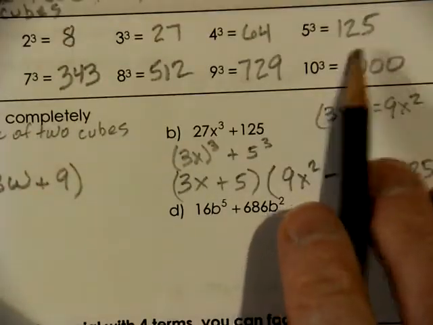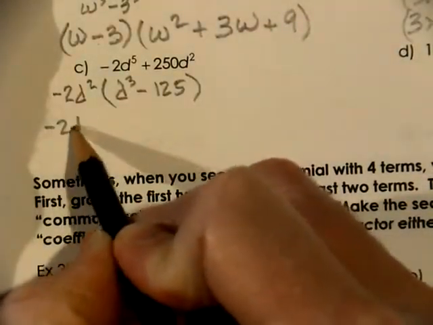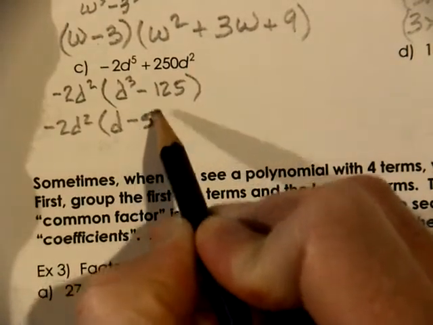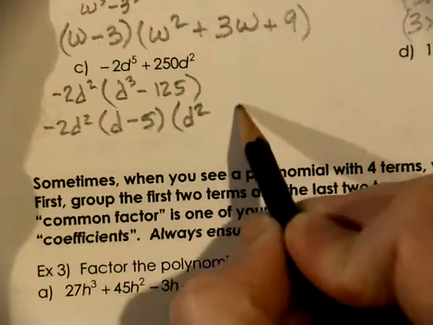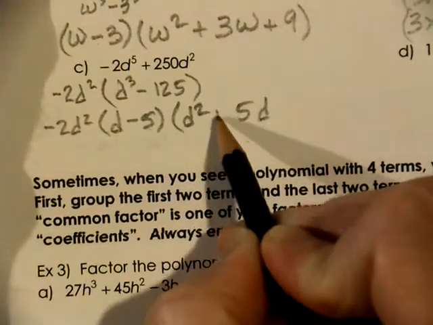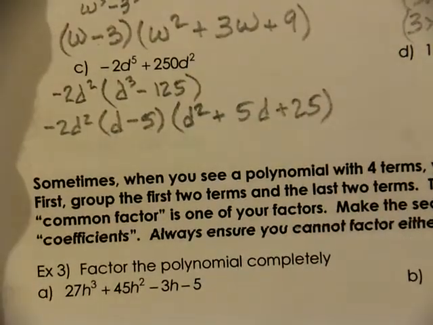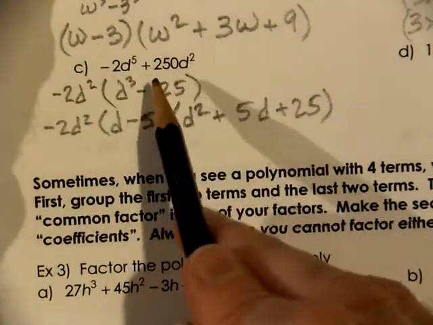And 125 was a perfect cube. So this is going to be D minus 5, D squared, multiply the two numbers together, change the sign, and square it. You could multiply this back together and you should be able to produce what you started with.